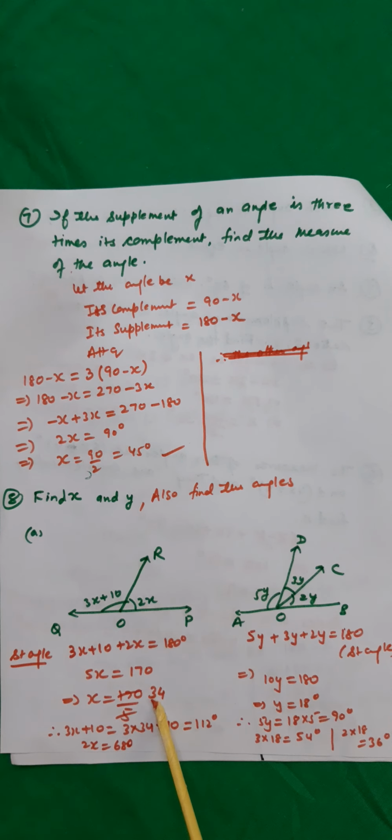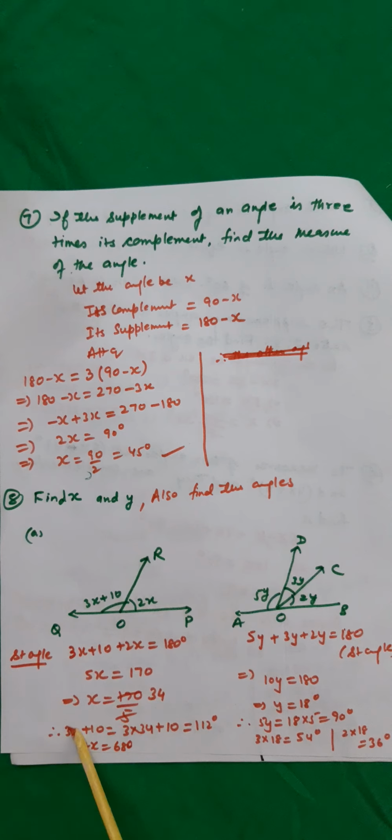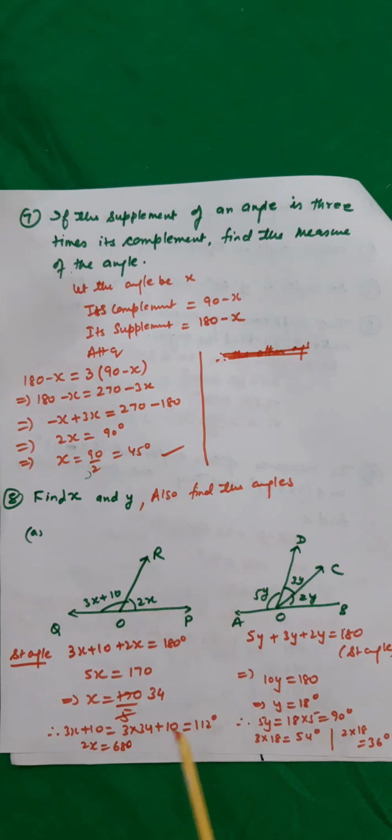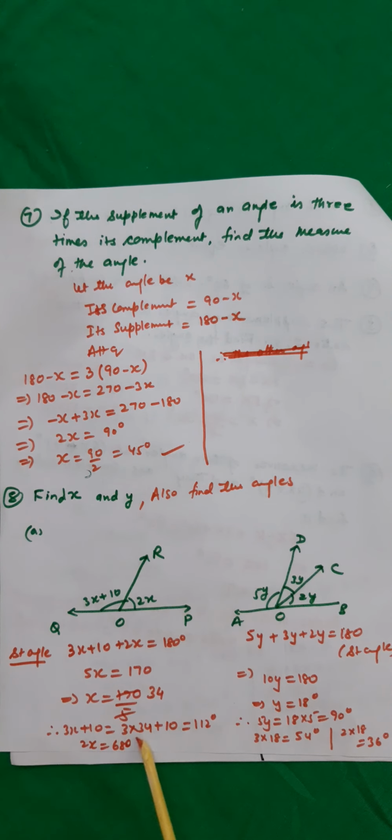On cancellation it gives me 34. Therefore the angles are going to be 3 into 34 plus 10, that is equal to 112 degrees, and the second one, 2x, will be 2 into 34, that is equal to 68 degrees.